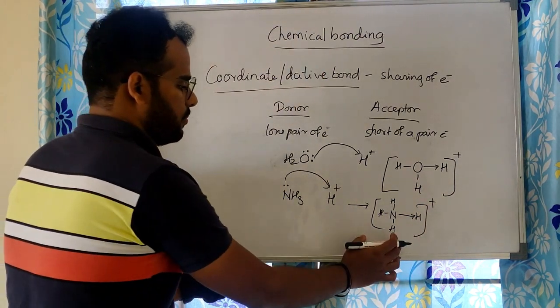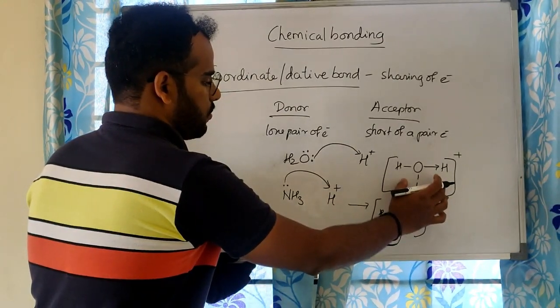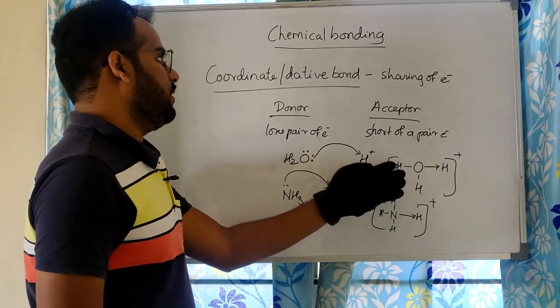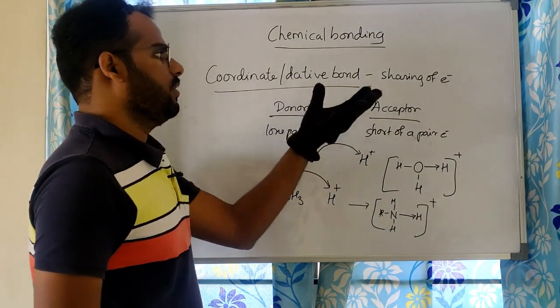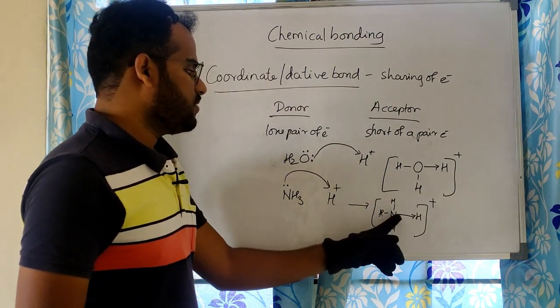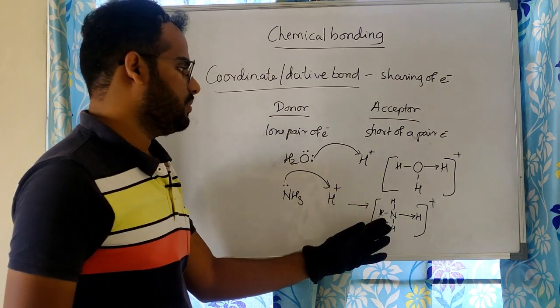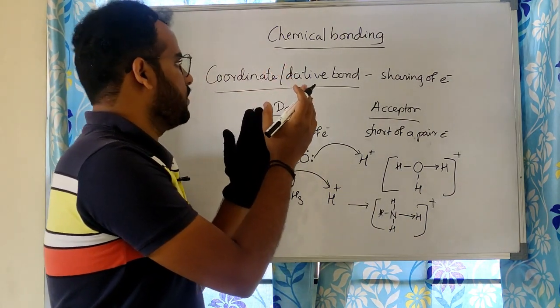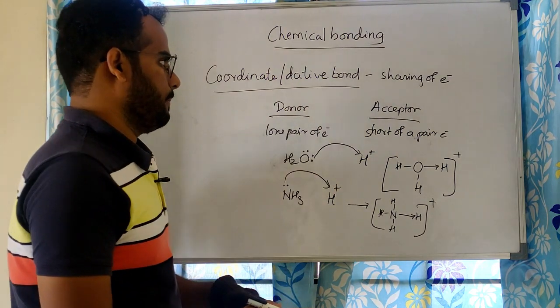It forms the ammonium ion. This is the hydronium ion. So ammonium ion and hydronium ion contain coordinate or dative bond along with the covalent bond. A simple line is covalent. So these are the examples of compounds having both coordinate bond as well as covalent bond.